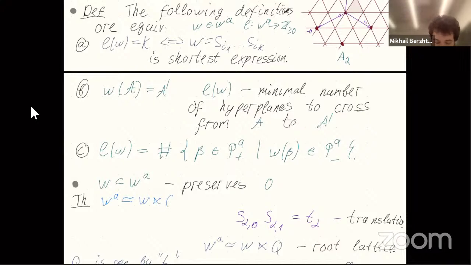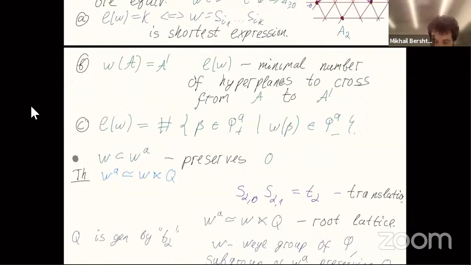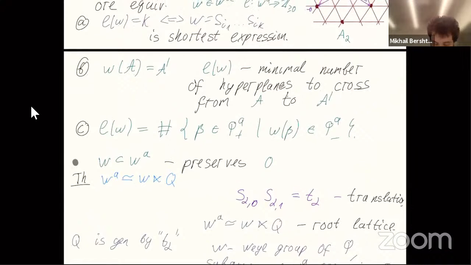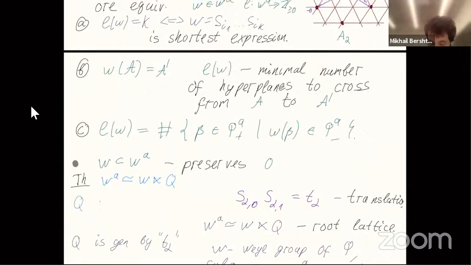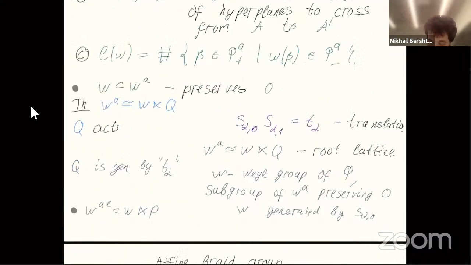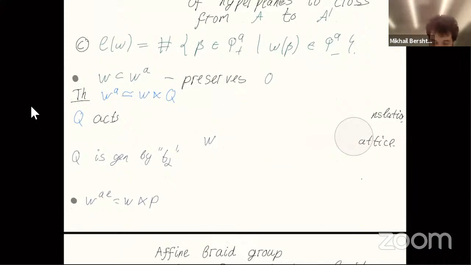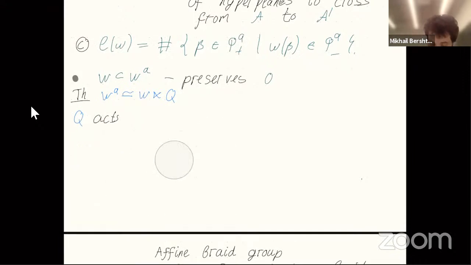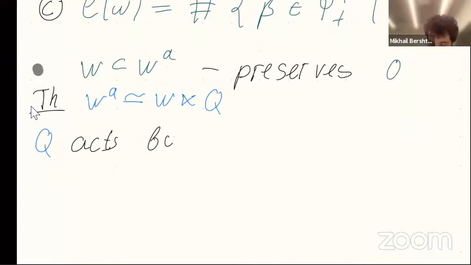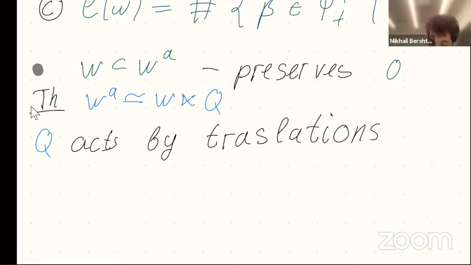where Q acts by translations. T_alpha applied to any vector x will be x plus alpha.